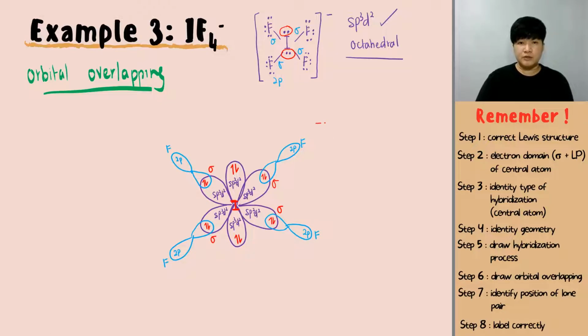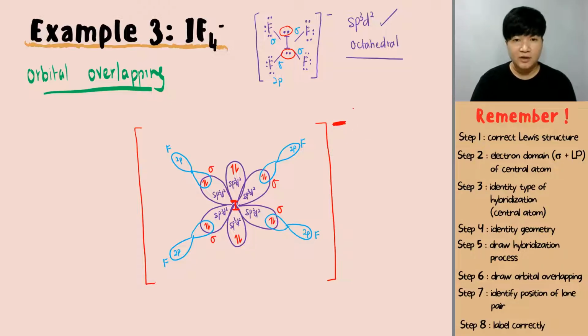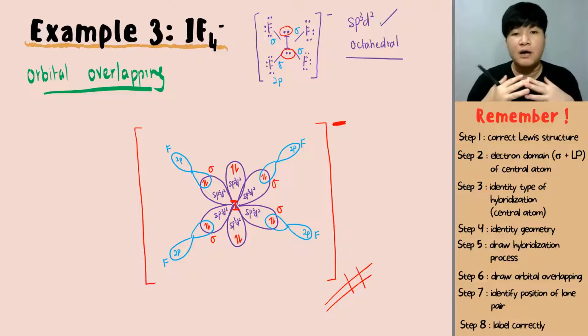And make sure you remember the charge. The charge of this is IF4-, so it will be only completed when you put down the charge together. Alright? So that is the orbital overlapping of your IF4- with 2 lone pairs and 4 sigma bonds.